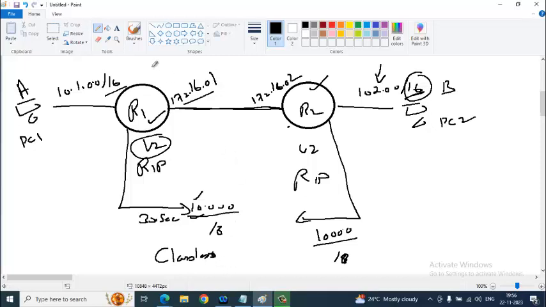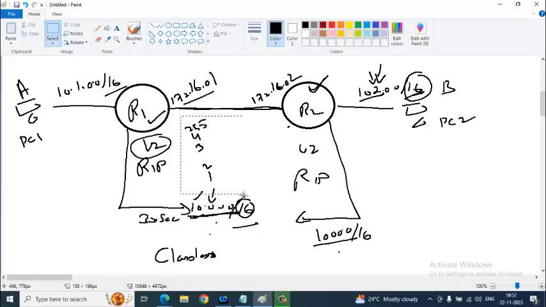When router 2 receives it with the mask, it understands that I just got only one subnet of 10.0.0.0/16. There may be another subnet with R1. By default, R1 will not send the 1 here and 2 here. It will send only the /16 mask.